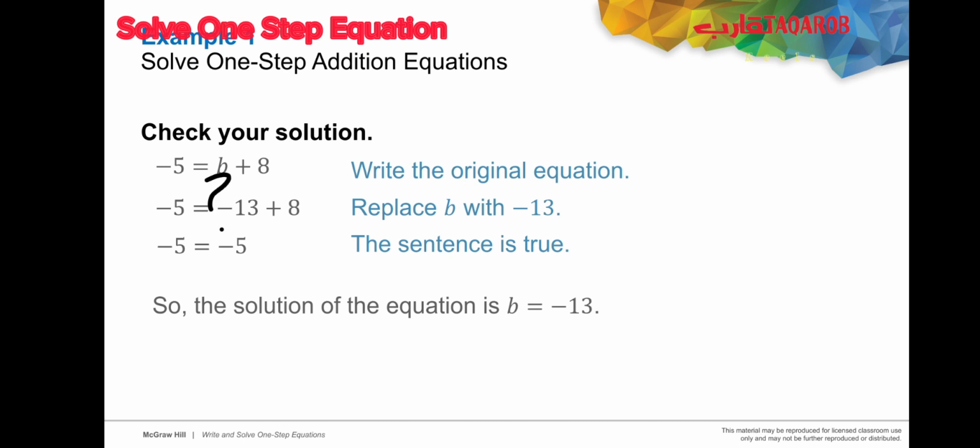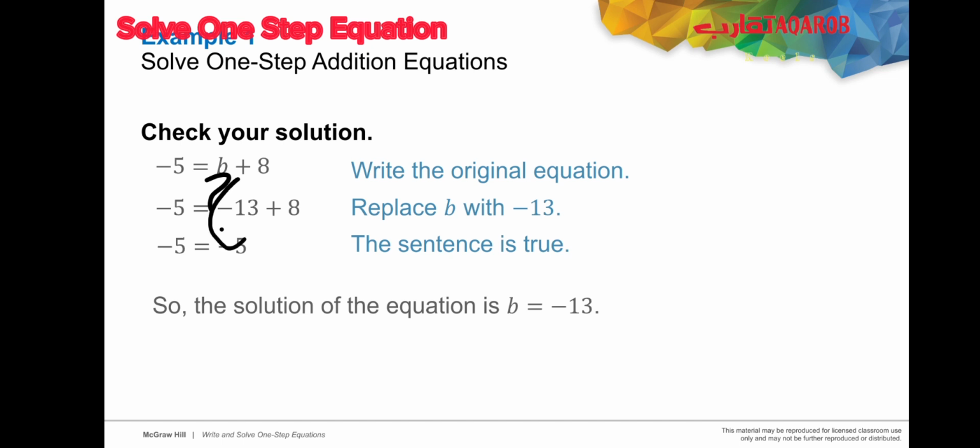I always put a question mark on the equal sign. If they are equal, this equation is true. I call it a true equation if the left side is equal to the right side. If they are not, my solution is wrong and b is not equal to the value I found. Now, I will replace b by -13.